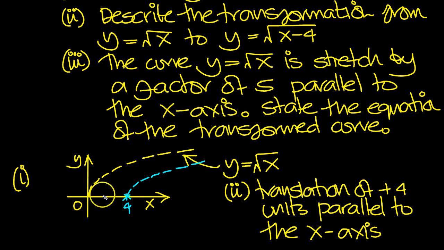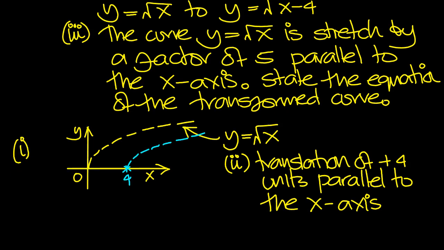The curve y equals root x is stretched by a factor of 5 parallel to the x-axis. So instead of being shifted, it's stretched. Instead of being translated, rather, it's stretched by a factor of 5 parallel to the x-axis, so that would be in the same direction. So if we have a look at that, by a factor of 5, the point that was on 1, say, this point here, which would be 1 as well, is stretched by a factor of 5 parallel to the x-axis, so it's moved to here.